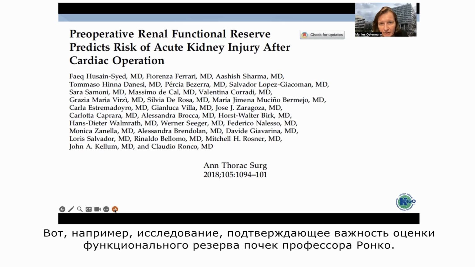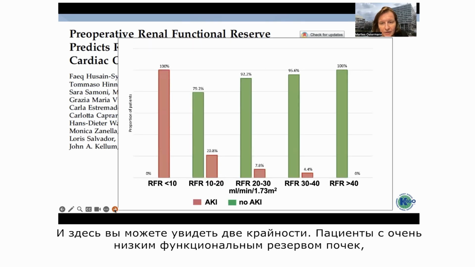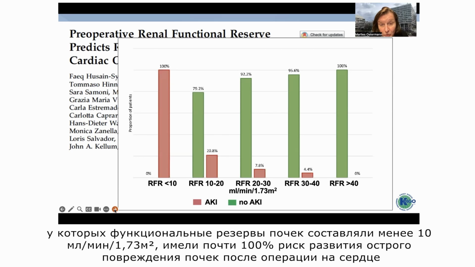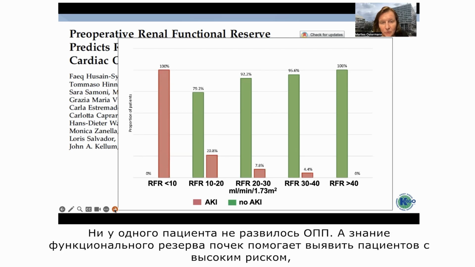Here, for instance, is a study confirming the importance of renal functional reserve assessment, work led by Professor Ronco. And here you can see the two extremes. So patients with very little renal functional reserve, with a renal functional reserve of less than 10 mL per minute per 1.73 square meters, had an almost 100% risk of developing acute kidney injury after cardiac surgery, compared to patients with normal renal functional reserve, as outlined here on your right, where no patient developed acute kidney injury.